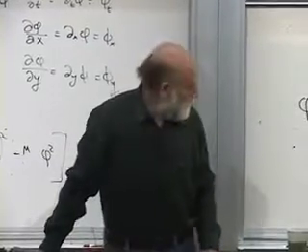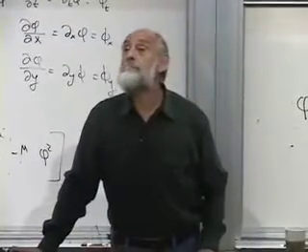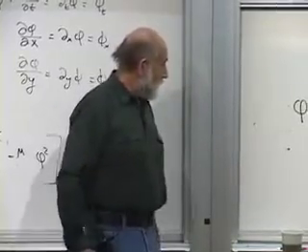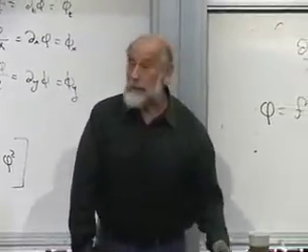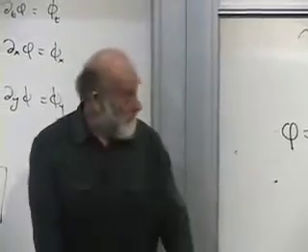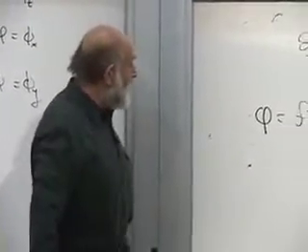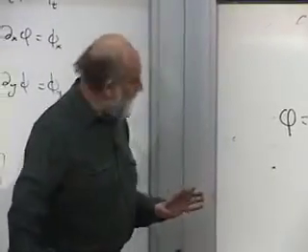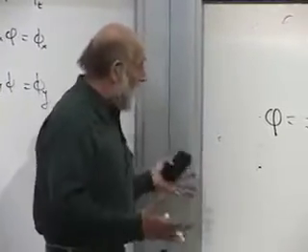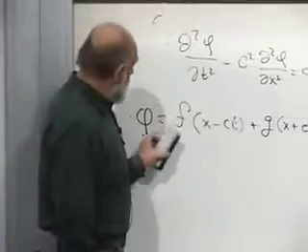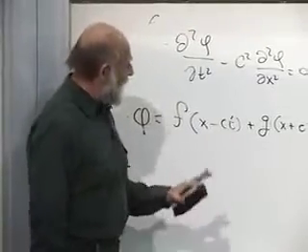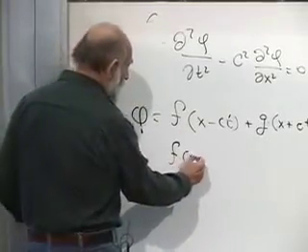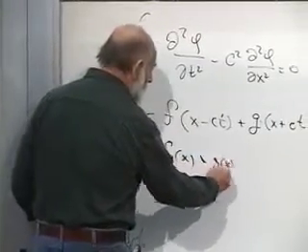Phi is not a sufficient initial condition. Say it again? Phi itself is not a sufficient initial condition. That's right. What's the other part of the initial? Time derivative of phi. Yeah. For example, here's the point. Another way to say it is this. Supposing I just gave you the field phi at time 0, here it would be f of x plus g of x.